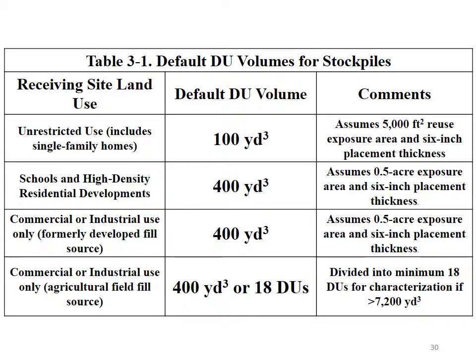So that would result in a corresponding DU volume of about 100 cubic yards. For more intense uses, commercial, industrial, or high-density developments, those assumptions on thickness and acreages increase. Therefore, the default DU volumes that we approve for stockpile sampling can be larger.